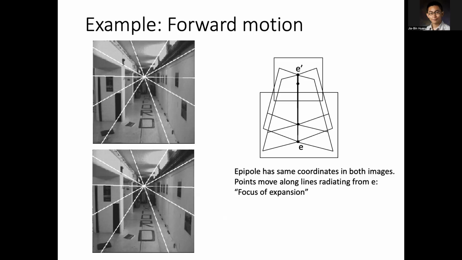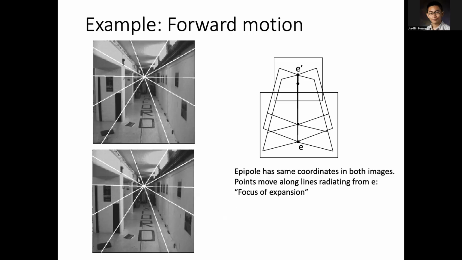So the key idea is that you need to figure out what the epipolar constraint is, and therefore later on you can do stereo matching much more efficiently, because you only need to search along this line. You first need to figure out the configuration of the images, and then when you find the correspondence, you know what the constraint is.